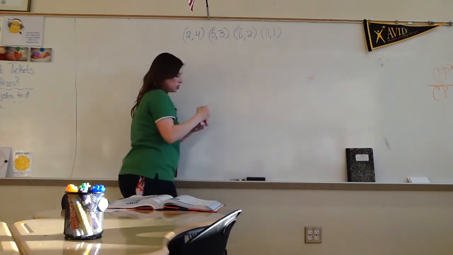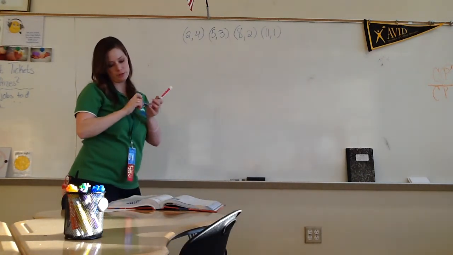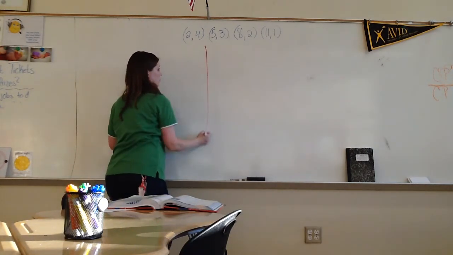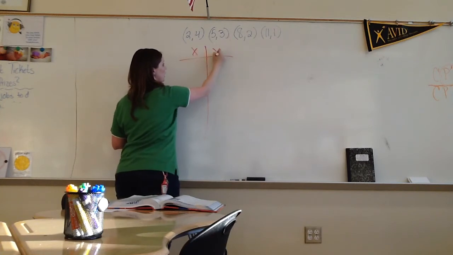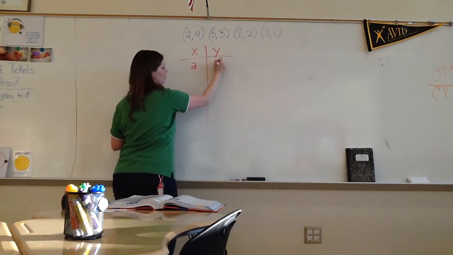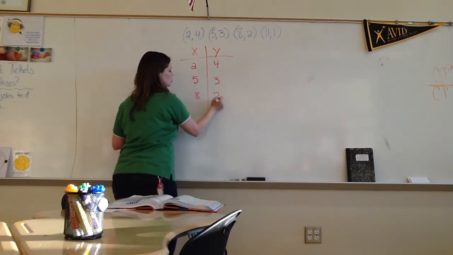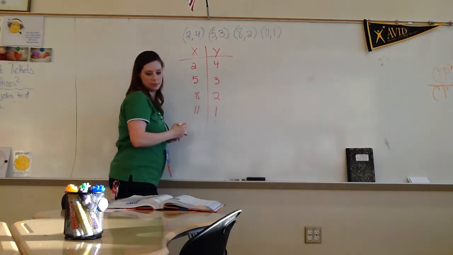And you need to determine, is it a linear function? The easiest way to do this is to set up a table. So I'm going to put x's and y's. My x is 2, my y is 4. 5, 3, 8, 2, 11, 1.